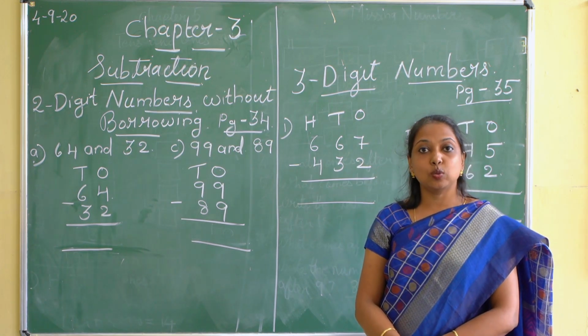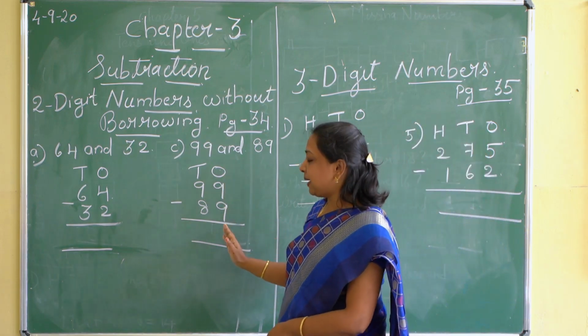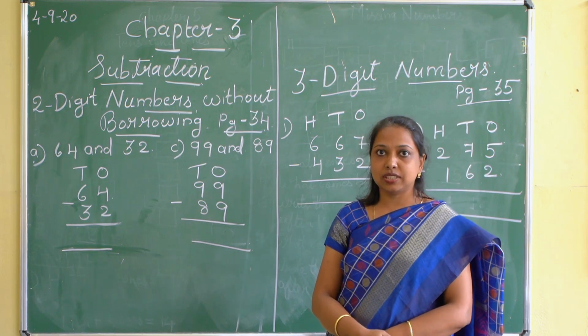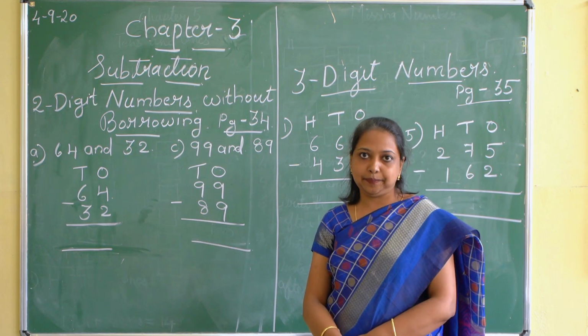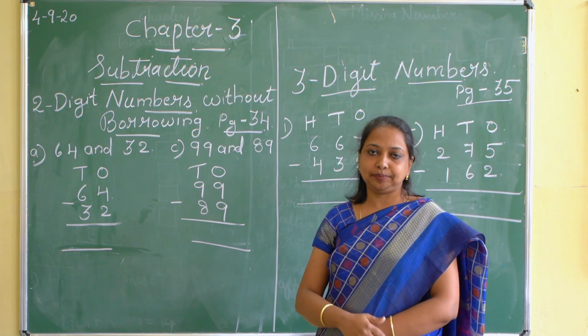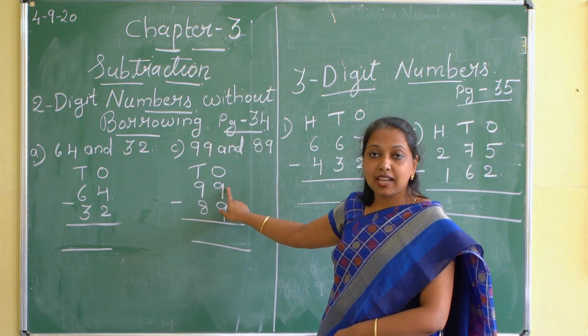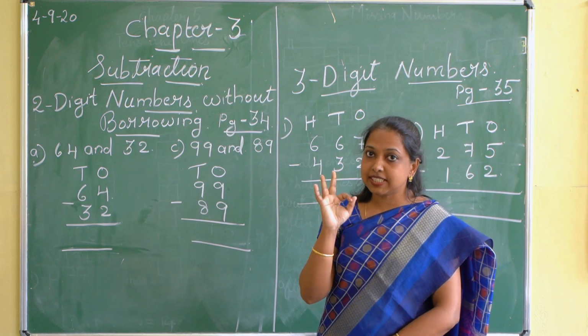First, start subtraction from the ones place. Second, subtract first number minus second number. Third, the first number should be greater than the second number. Always remember these 3 points.